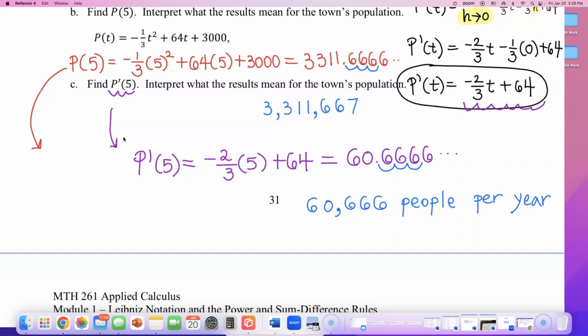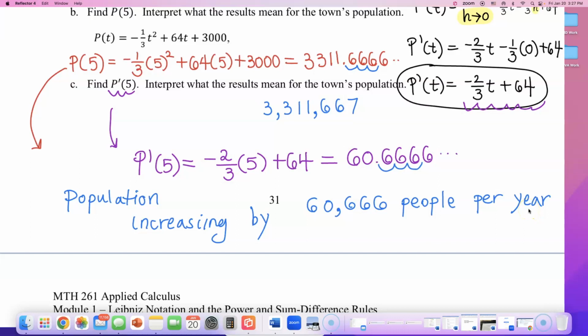So what we can say is in 5 years, notice the 60,666 is positive, right? This is a positive number. So we can say something like the population of this town is increasing, it's going up by 60,666 people per year in 5 years.